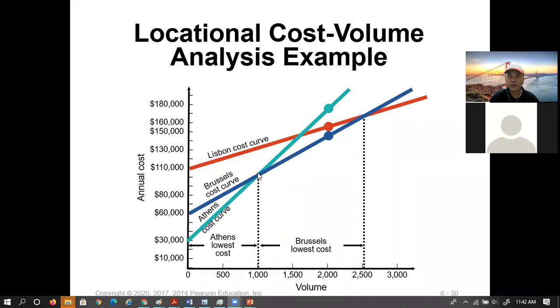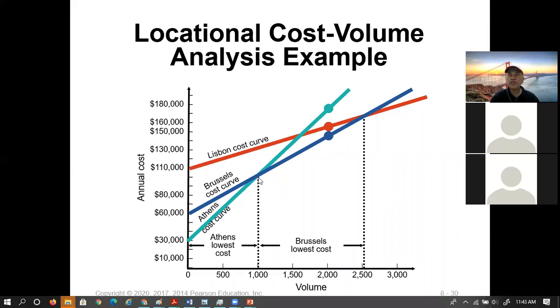We have the cross point here at 1,000 units, where the fixed and operational costs change between the two locations. Initially, when production is less than 1,000, Athens will be cheaper than Brussels. If it is more than 1,000, then we choose Brussels, because Brussels is cheaper in any production of more than 1,000.